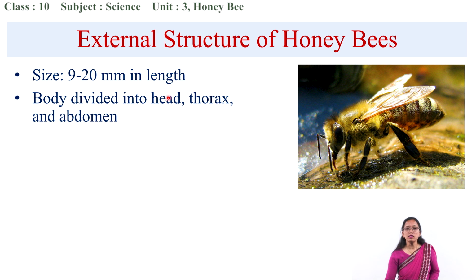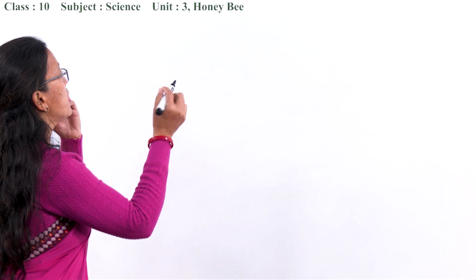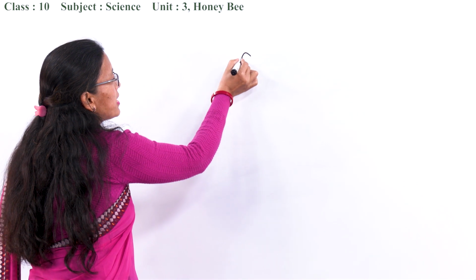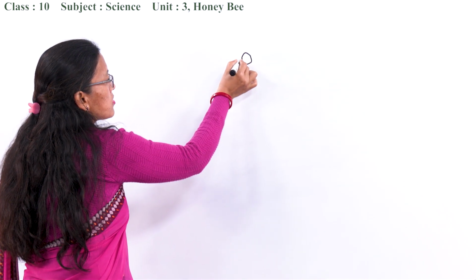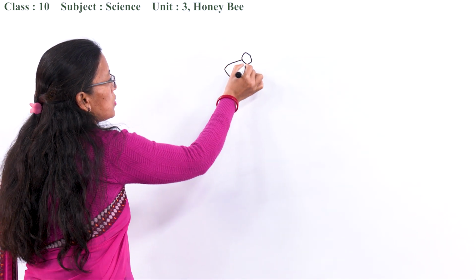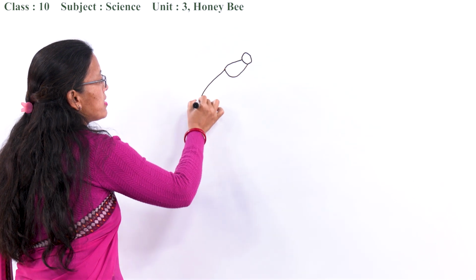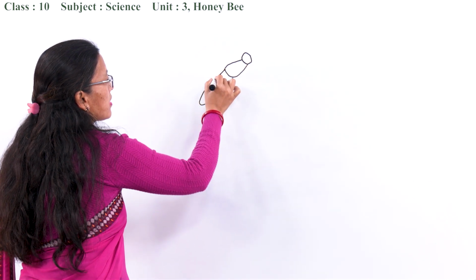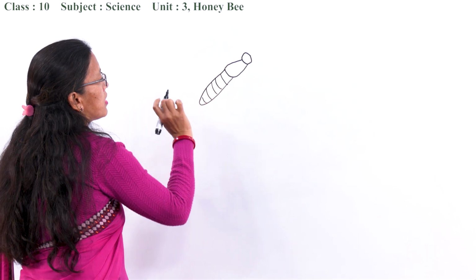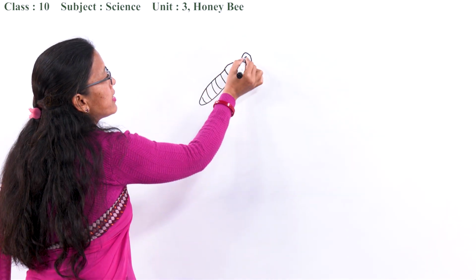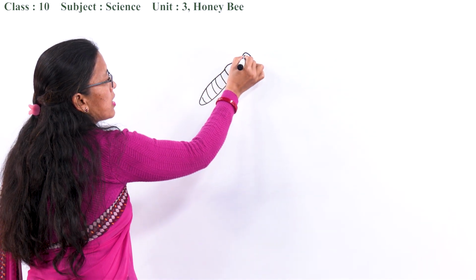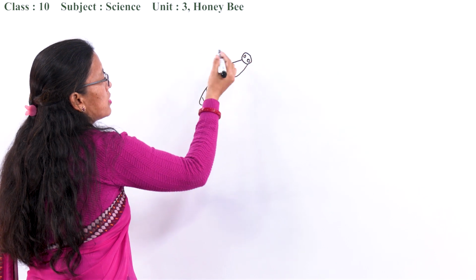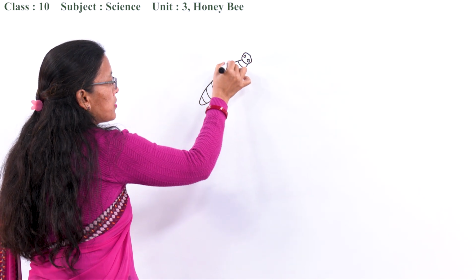And its body is divided into head, thorax and abdomen. If we draw the picture of a honeybee, simply there is one head, then thorax, and at last abdomen. In this you can observe compound eyes, and we can also see segments.